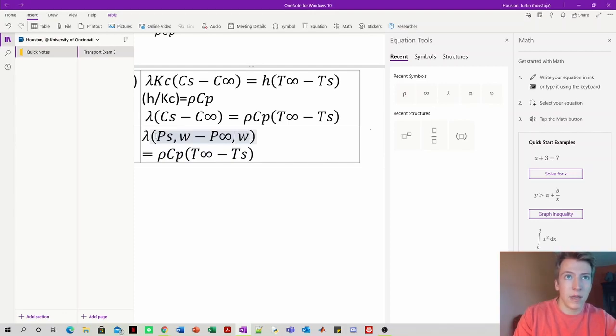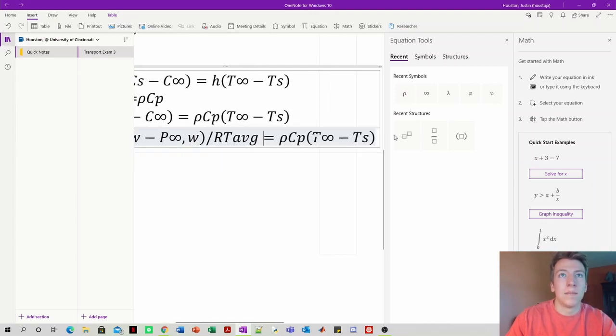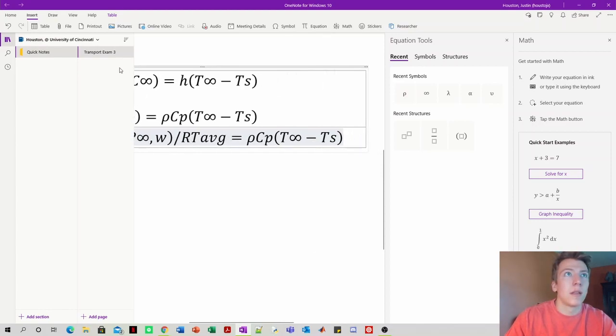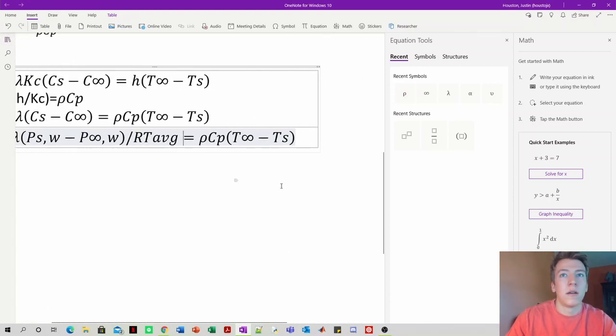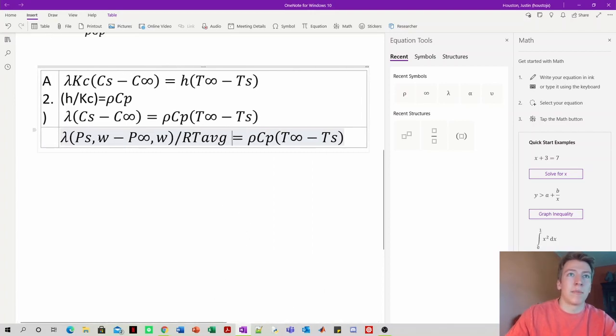And then that's going to be all over, since it's an ideal gas, RT, and that's going to be the average temperature. You could also take the temperature of each part that you're talking about, so you could technically have the temperature of the surface and the temperature of water in the denominator of the respective units instead of T average, but we'll just use T average for now.